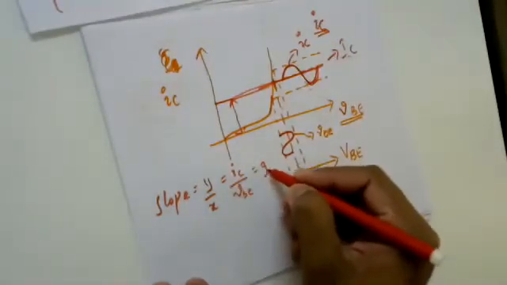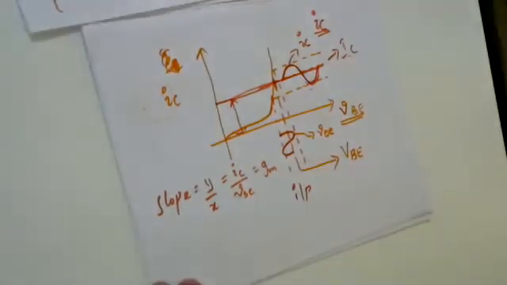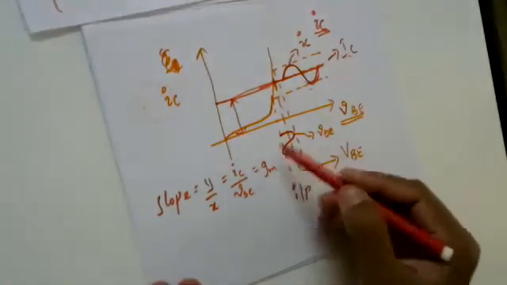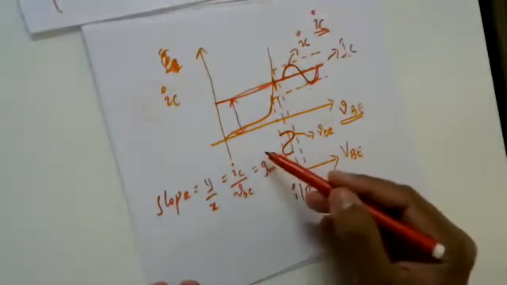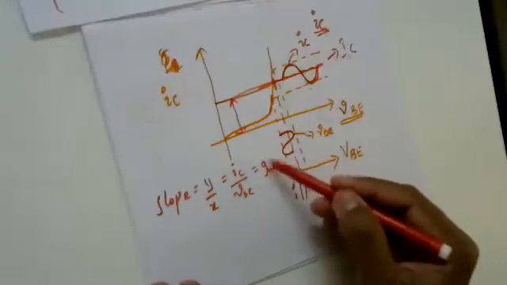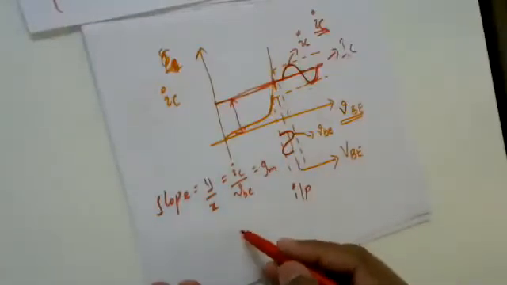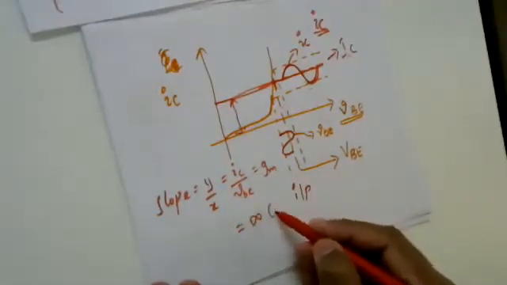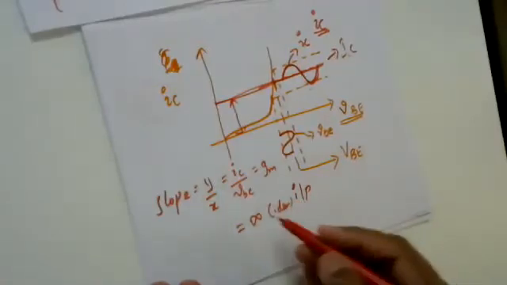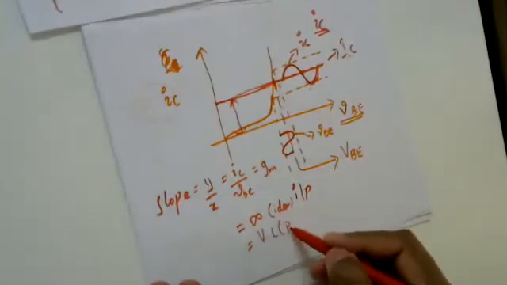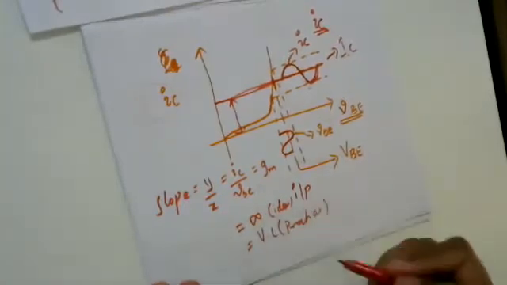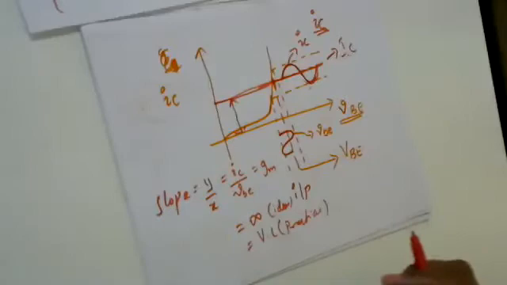This is what we call gm, the transconductance, the inverse of resistance, which is ideally infinite and has a very large value in the practical case. I hope you're able to understand this.